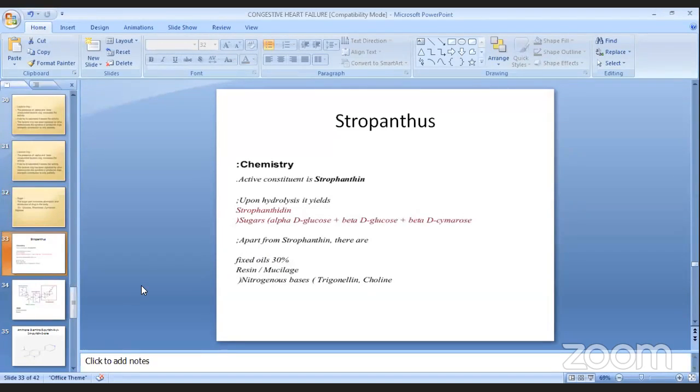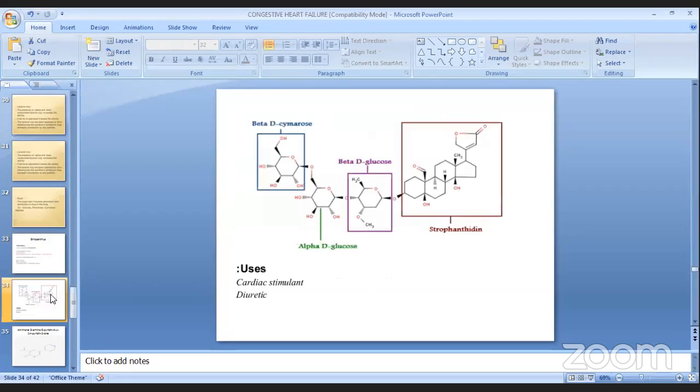Next category of drug is propanthas. It is also obtained from herbal source. The source is propanthas pombe, and the seeds are generally used. If you see the structure of this propanthas, it is also a diuretic. It is also a cardiac stimulant.